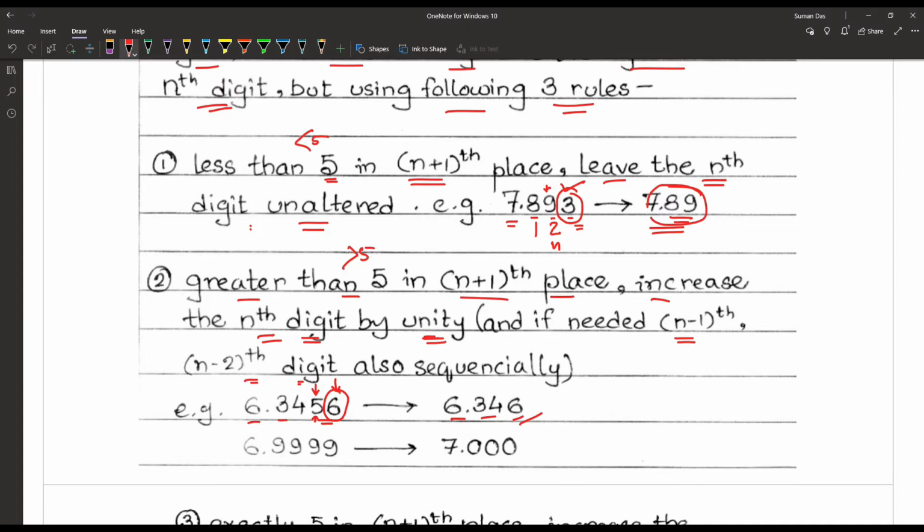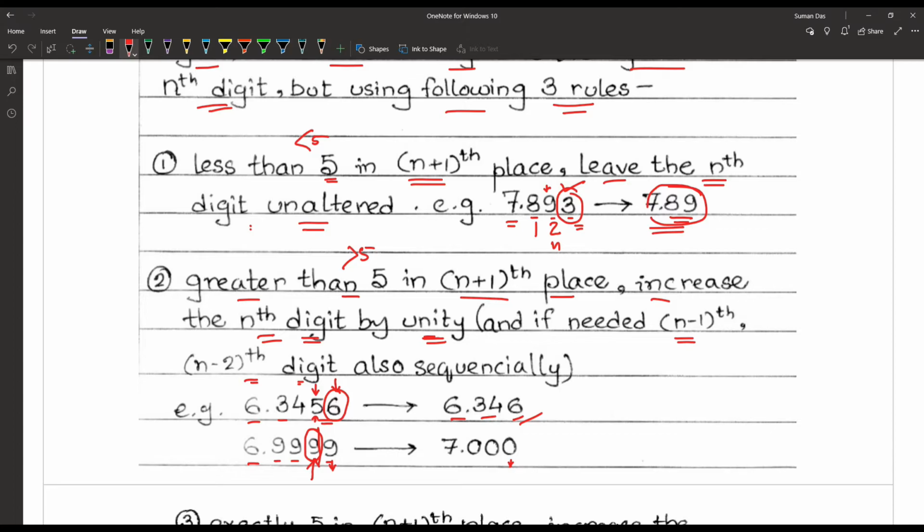Let's check the next number. Here that is also given up to the 4th decimal place, 6.9999. Now we have to approximate that number up to the 3rd decimal place. In the 3rd decimal place, that is 9. In the 4th decimal place, that is also 9, that is greater than 5. So the 3rd digit 9 must be increased by 1. When we increase it by 1, it becomes 10, that is 0 with a carry of 1.